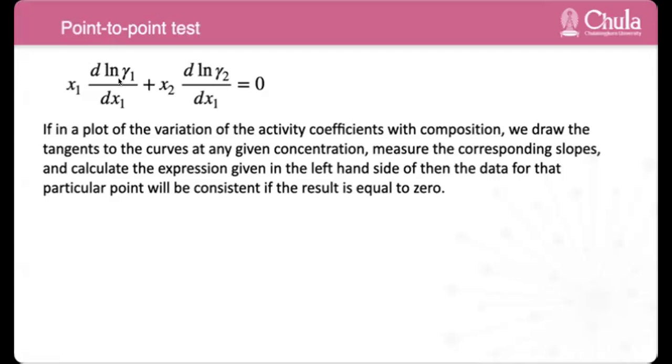If we plot log gamma 1 and log gamma 2 against x1 and take the derivative, it represents the tangent of the curve at any concentration, and then we can measure the corresponding slope.